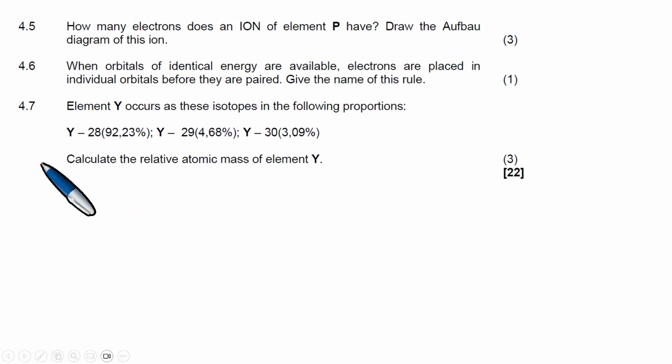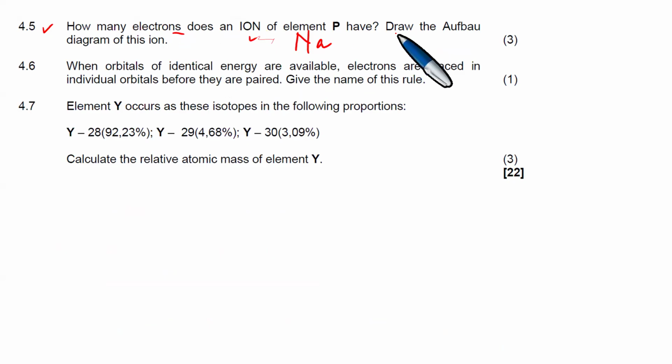In 4.5, we're asking the question, how many electrons does an ion of element P have? We saw that element P is sodium. But how many electrons does it have?